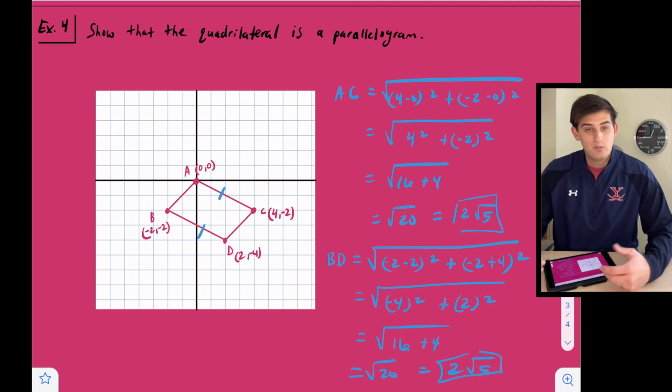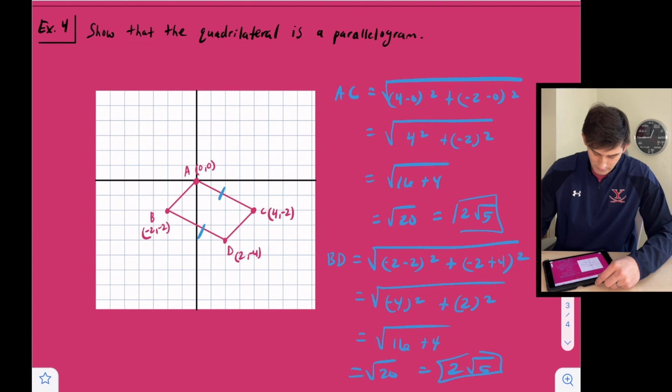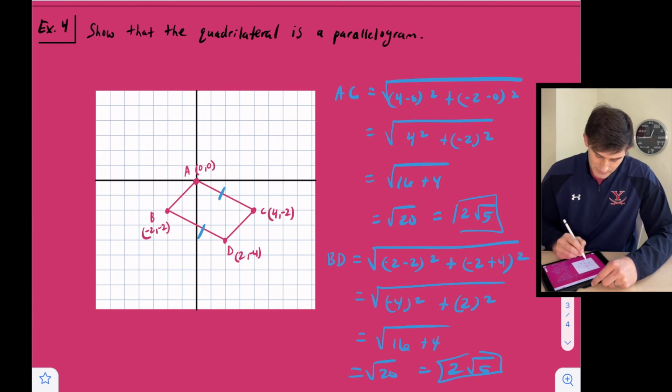Now if we can prove that they're parallel, then we can prove that this is a parallelogram. So all we have to do is find the slope. So let's just do rise over run. So slope of AC, let's start with C and go up 1, 2. So that's 2 over, and then left 1, 2, 3, 4, so -4. So this reduces to a slope of -1/2.